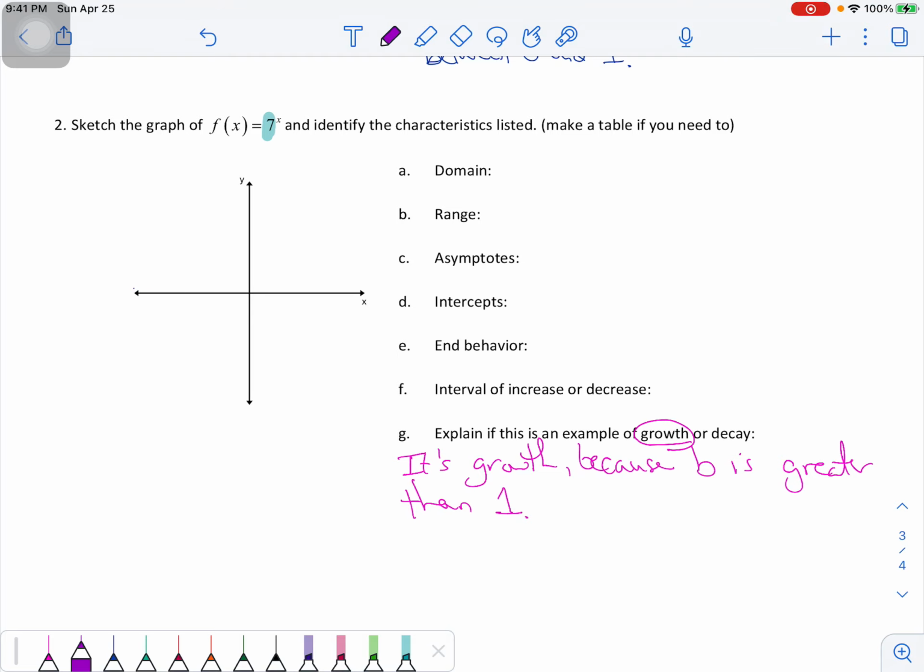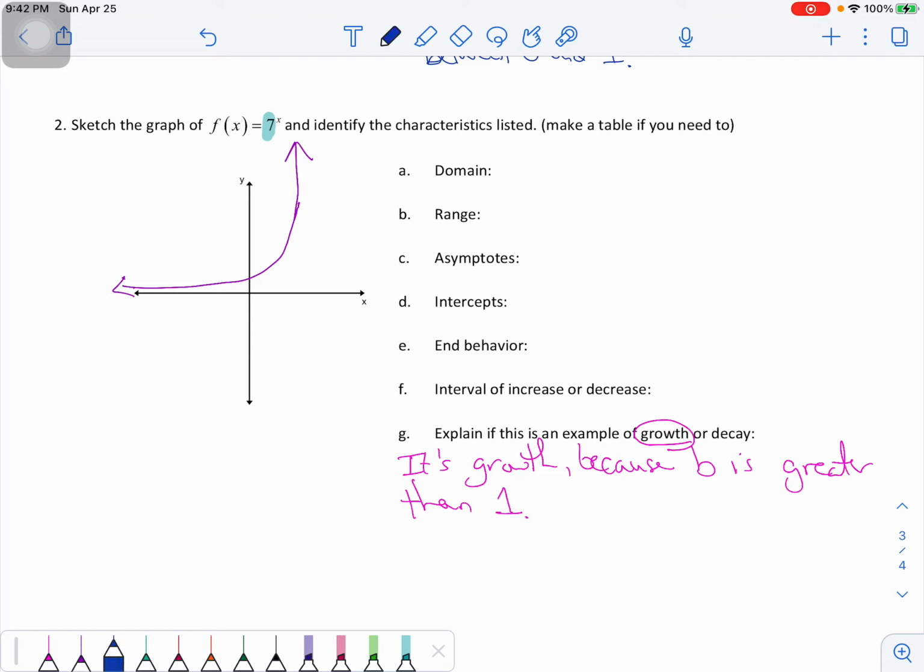Hold on, my iPad shifted as I was doing that. It's a sketch. I'll work with it. So I know that a growth function is increasing over the course of the entire graph.